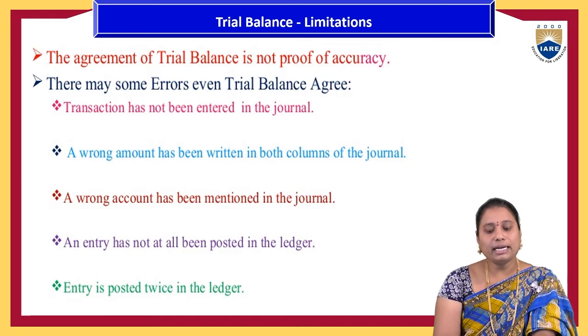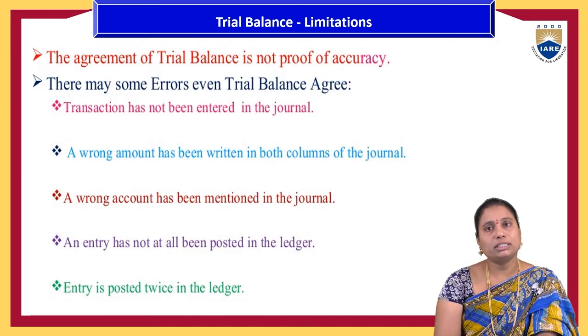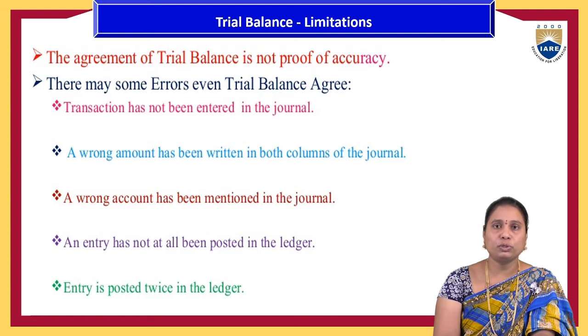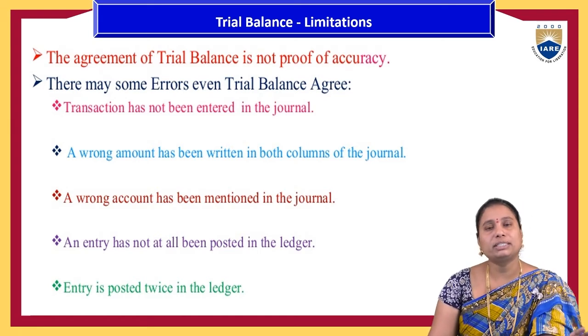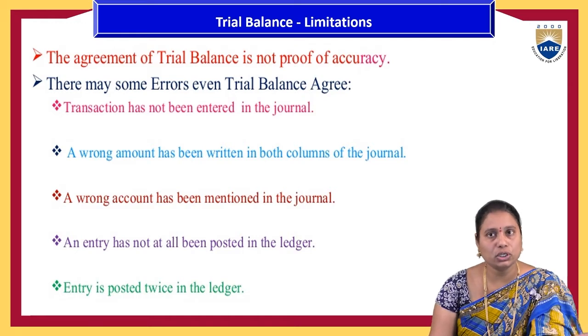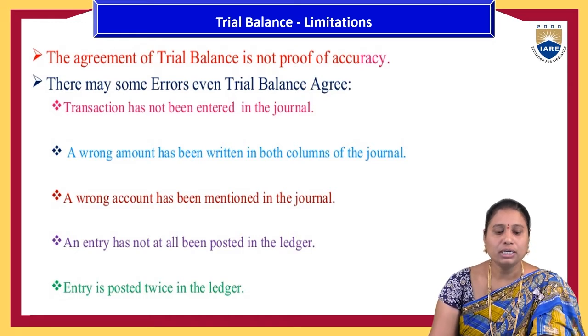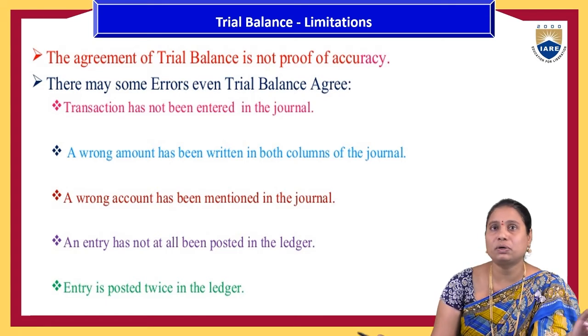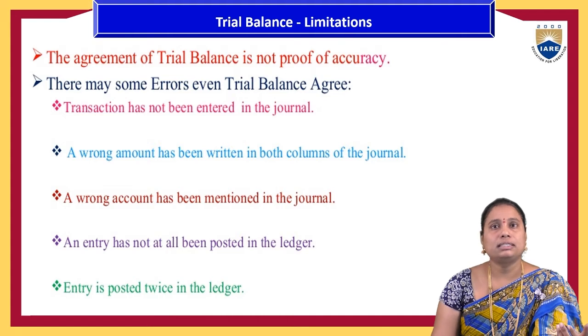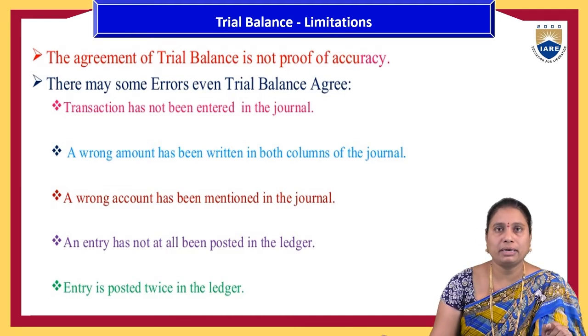And a wrong account mentioned in the journal may not be possible to identify, and an entry that has not been posted at all in the ledger, and an entry posted twice in the ledger, that is, a double posting, may not be found out easily with the help of the trial balance.